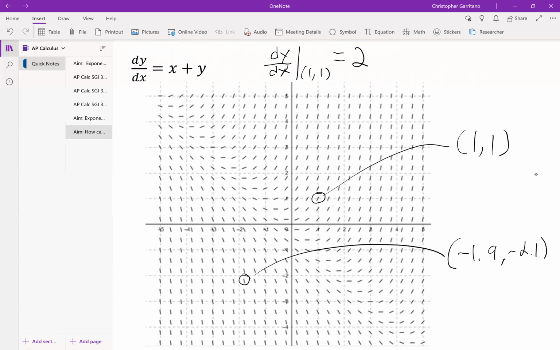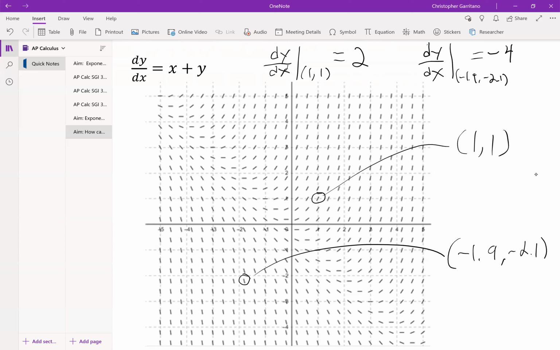And so when I plug that point into our differential equation, dy dx evaluated at negative 1.9 comma negative 2.1 is going to equal the sum of these two numbers, which would be negative 4. And that number is the slope of a curve modeled by this differential equation at this particular point.